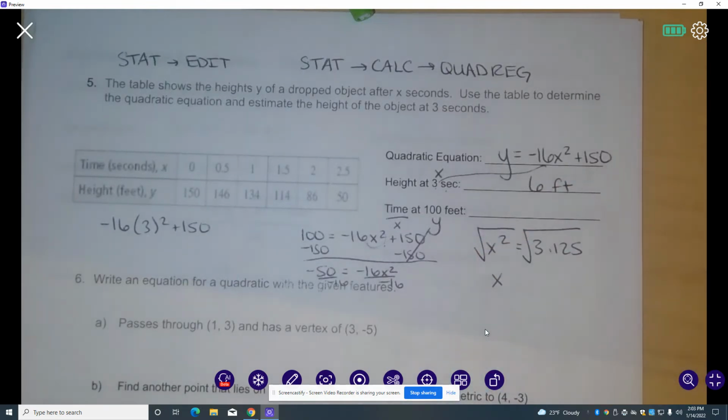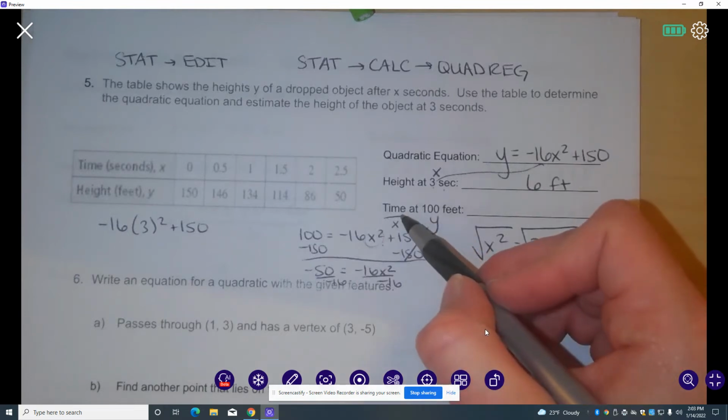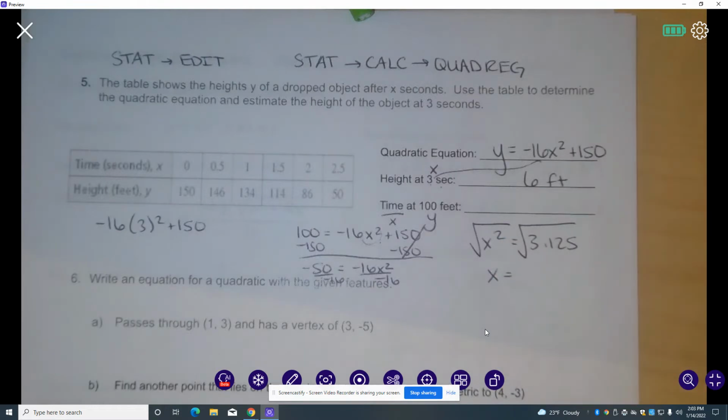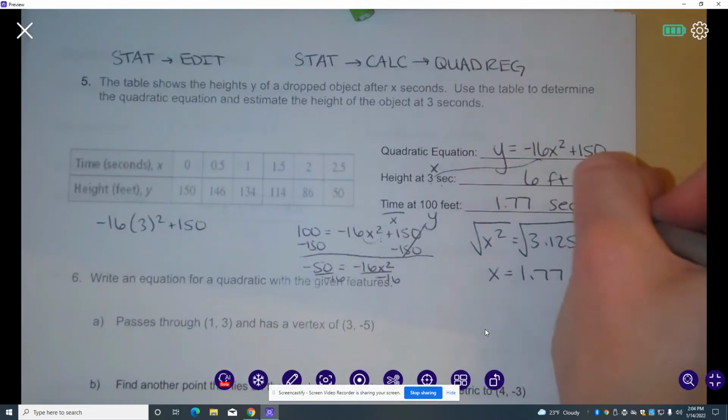Now, normally when we take square roots to solve for x, we have a positive and a negative answer. But since we're talking about time, a negative amount of time doesn't make sense. So I'll just take the positive square root. It doesn't tell me what place to round to, so I'll go to the hundredths place. It's about 1.77 seconds.